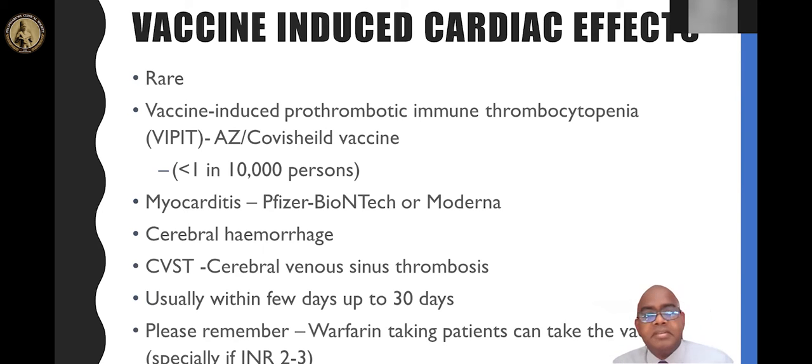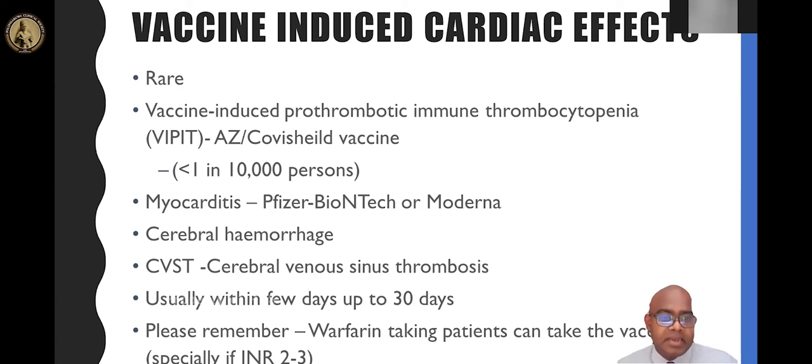And the last part is the vaccine-induced cardiac effects. Now, we know that it's a very rare entity, and vaccine-induced prothrombotic immune thrombocytopenia, or VPIT, is documented in less than 1 in 10,000 persons, mainly in the AstraZeneca and the Covishield vaccine group. Further, myocarditis is detected in Pfizer, BioNTech, or Moderna, or in simple terms, the mRNA vaccination group, which is very, very rare.